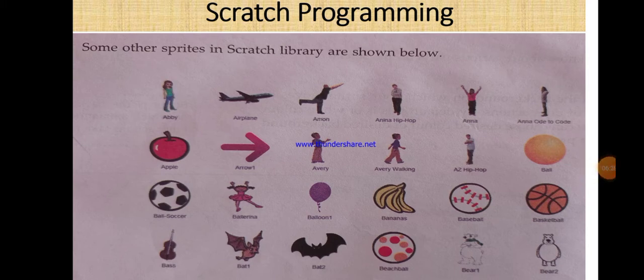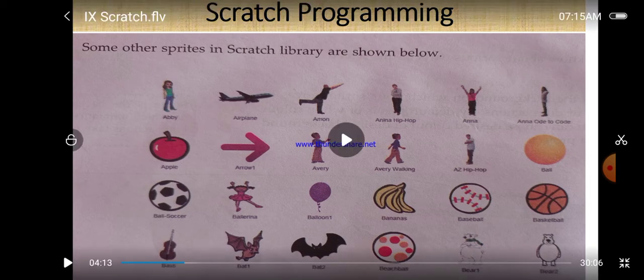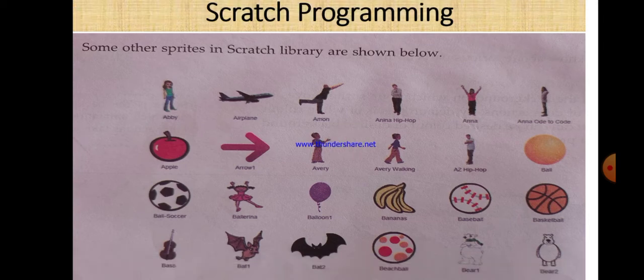Some other sprites in the Scratch library are here, so you can select one of them. You can see here different types of sprites are available in the Scratch library. If you want to select one of them, you can select it very easily. They are defined in different categories, so category-wise different sprites are available.